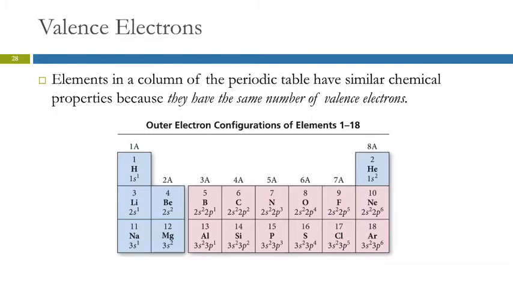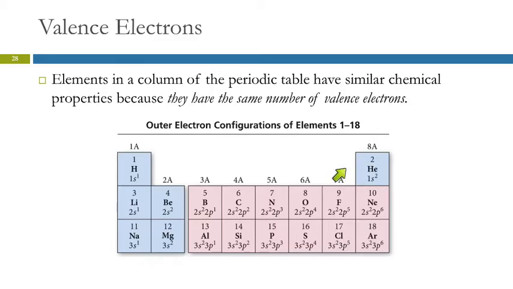So here are the first three rows of the periodic table. And we see the electron configurations for that highest energy level. So hydrogen is 1s1, helium's 1s2. Hydrogen and helium don't have any core electrons, and so their valence electrons are just the number of electrons.